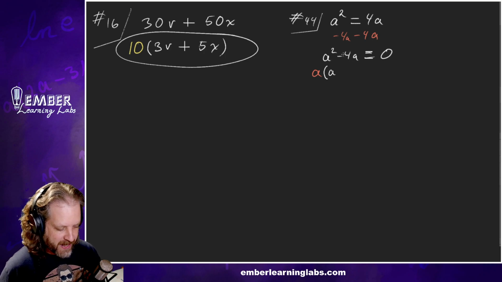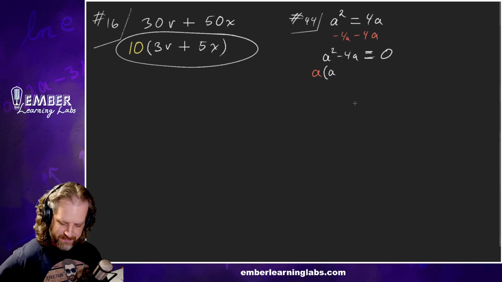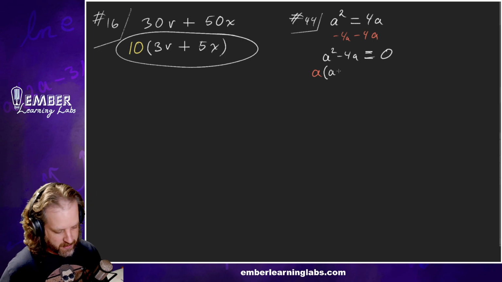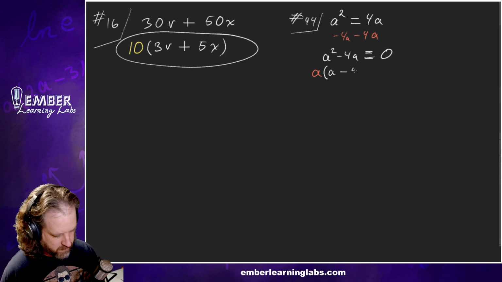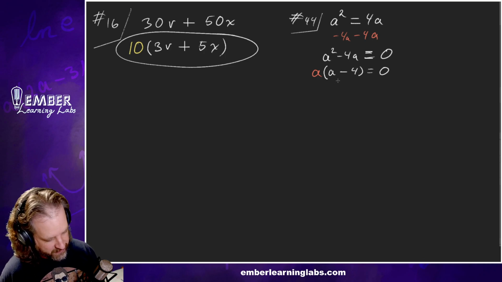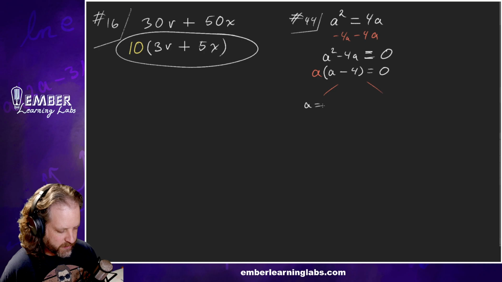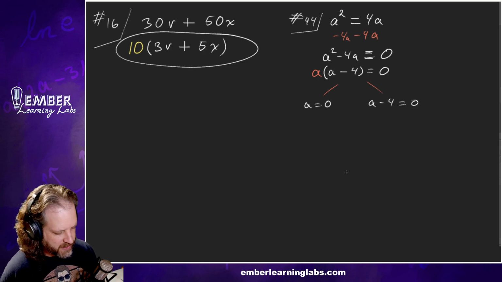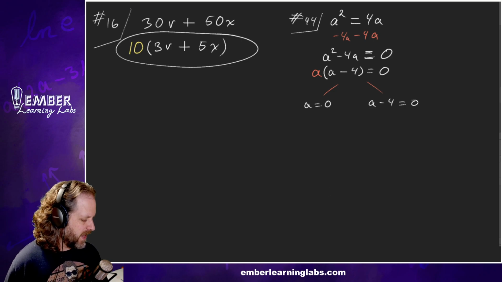When I factor an A out of negative 4A, what's left? Yeah. Then we can split these. That's true. So we set A equal to 0 and A minus 4 equal to 0. So now what?